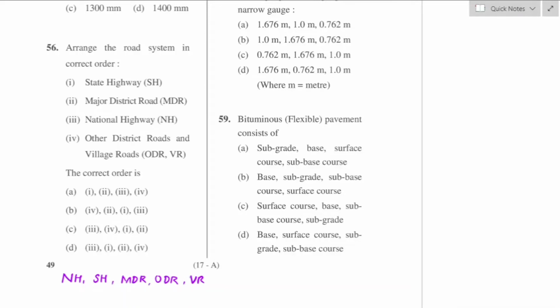Among the given options, the first is National Highway, second is State Highway, third is Major District Road and fourth is Other District Road and Village Road. So the correct sequence is 3, 1, 2 and 4. Option B is the right answer.